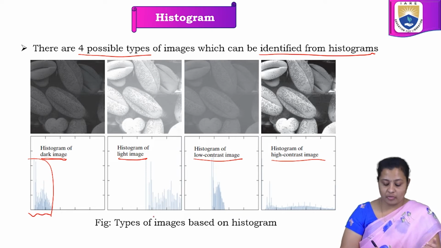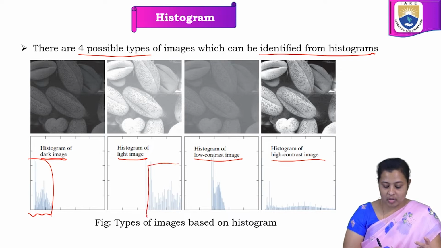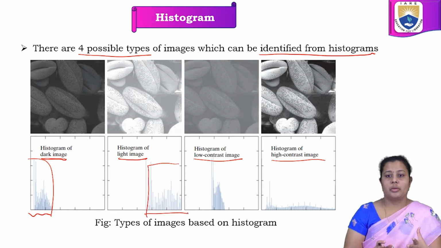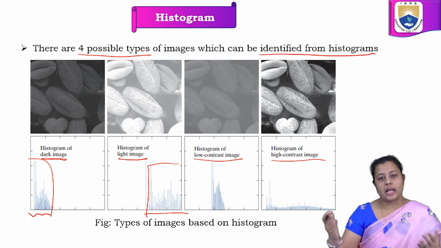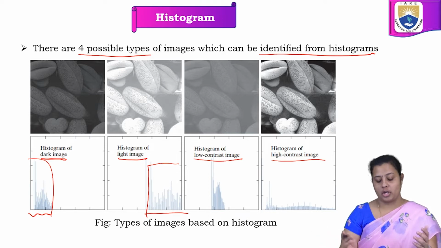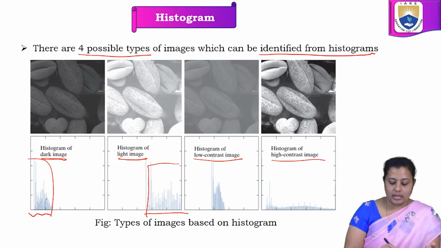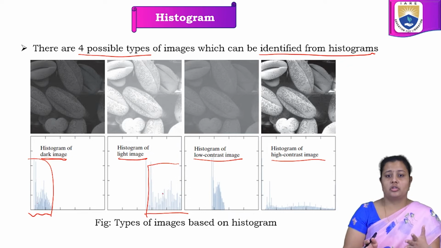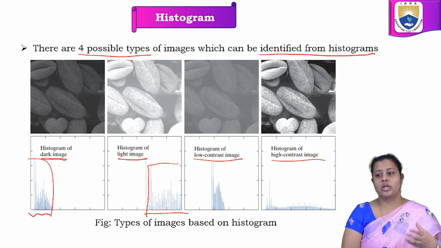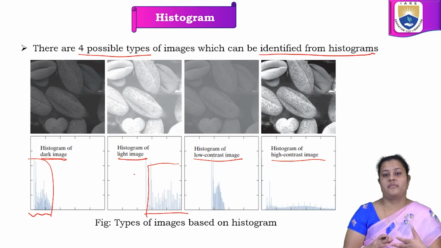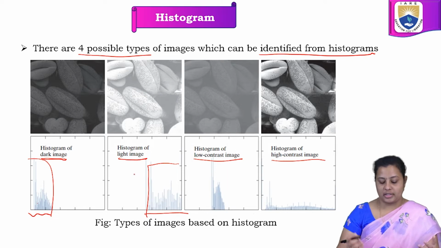When we go for a light image, the histogram plots are at the right side end of the histogram plot. So dark and light images can be differentiated based on the histogram plots. A dark image will have the histogram plots on the left side, and a light image will have them on the right side.